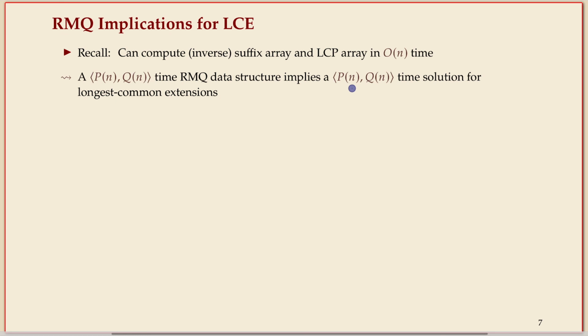Because the preprocessing time, or maybe I should say formally here, plus O(n), right? Suppose the preprocessing time is smaller than linear. We still have to compute the suffix array and inverse suffix array and LCP array. So whenever you take some solution for RMQ, you can plug it in and use it for longest common extensions. And you essentially get the same trade-off, unless your preprocessing was boring.